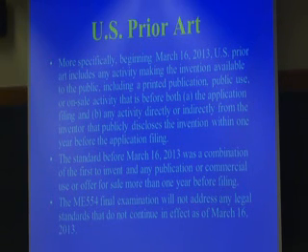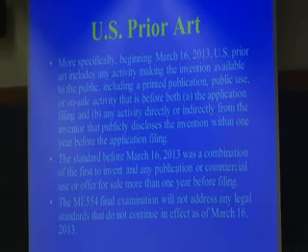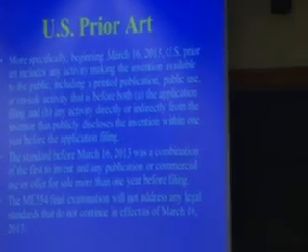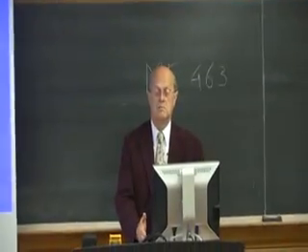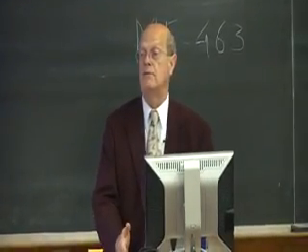Printed publication, public use, or on-sale activity, that is before both the application filing and any activity, directly or indirectly, from the inventor that publicly discloses the invention within 1 year before the application filing date, would prevent you from getting your patent. If somebody else files their patent before you do and before you've made it public, then that other person's rights extinguish yours. To the extent that somebody else published earlier and you didn't file or publish until later, then you do not have the rights to your invention.